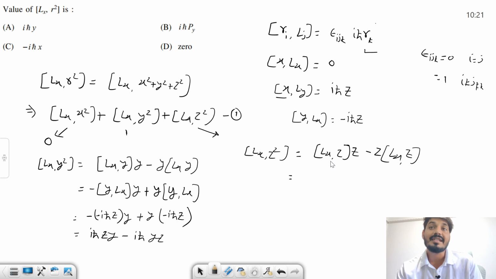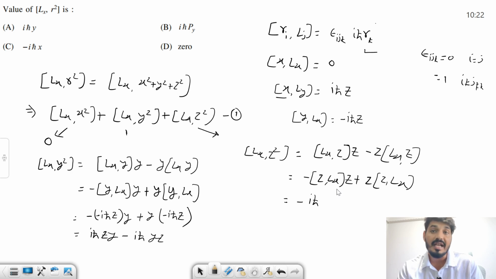Now what is Lx with z? Or you can also write it like this, you can take minus sign common, and this is z with Lx, this z as it is, this will become plus sign, this z is as it is, z with Lx. So this will give you simply minus iota h cut z with Lx.